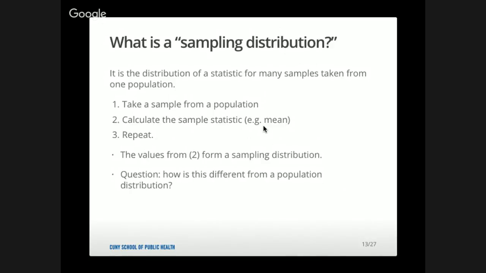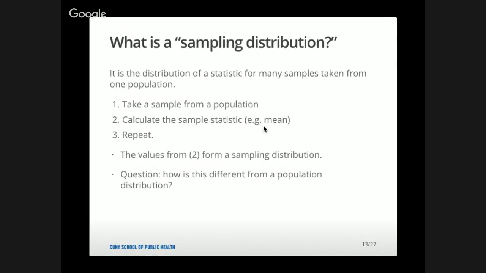Size of the sampling. So this is an important way that it differs, in that it depends on sample size. From the same population, you can get a different sampling distribution depending on the size of your samples. It's not a change about the individuals in your population.